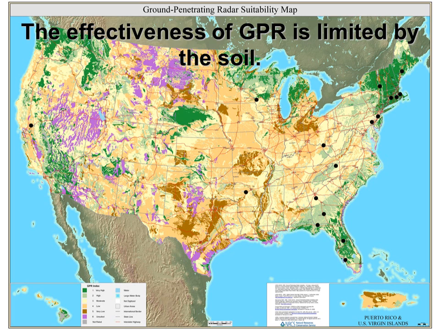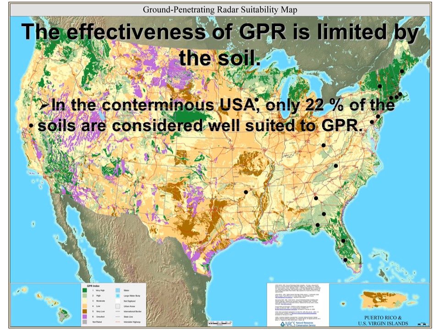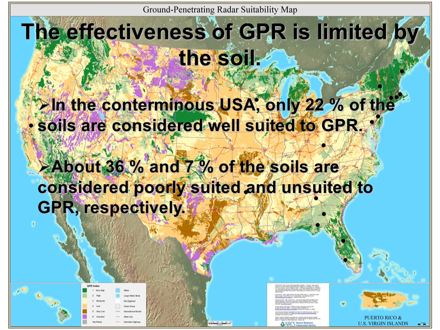On this map, areas colored in shades of green are considered well suited to GPR soil investigations. Soils in these areas are dominantly coarse textured and have low soluble salt contents. Areas on this map colored in shades of brown and purple are considered poorly suited and unsuited to GPR soil investigations, respectively.